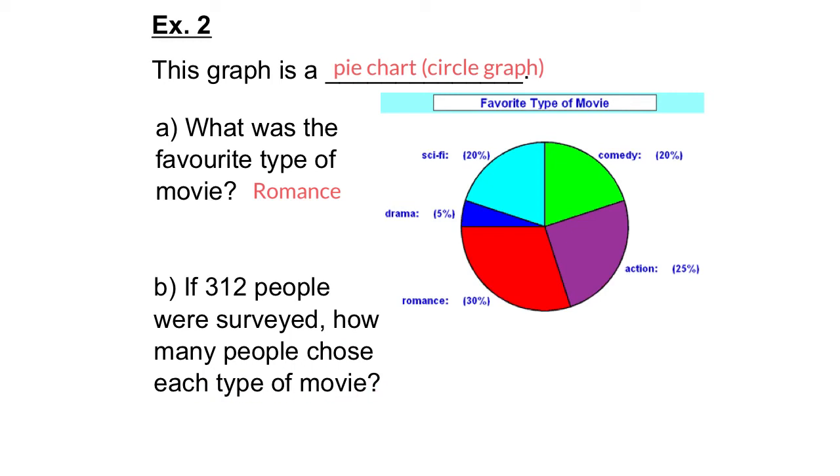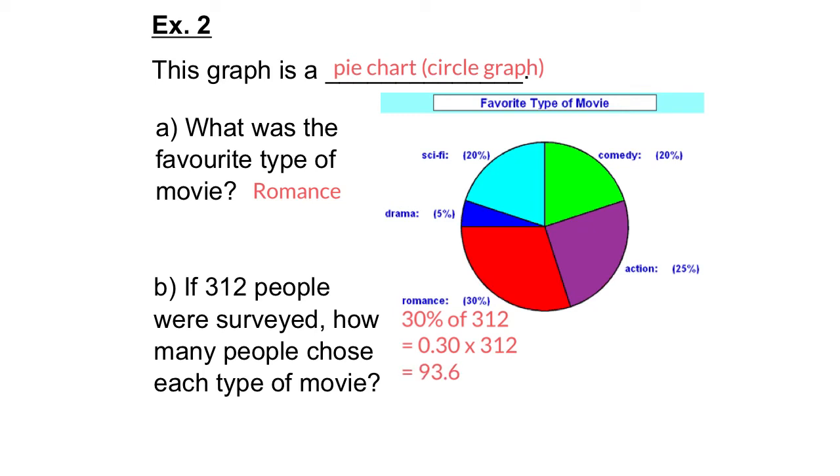Okay, so if you want to calculate percent of a number, you have to multiply that percent as a decimal by the number. So if I want to know 30% of 312, my calculation is 0.3 times 312. And if I do that in my calculator, it says 93.6.